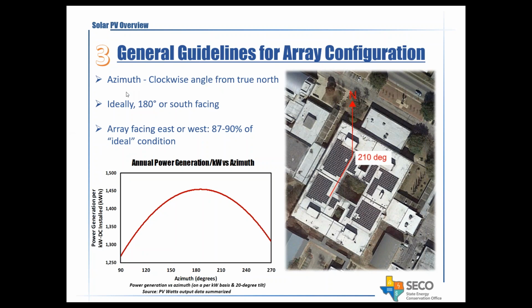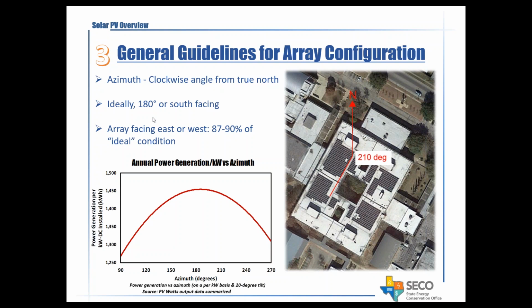So these are some general guidelines for part of step 3 of the site visit, where you'll want to measure the azimuth angle, and this will help you get a more accurate simulation or calculation of the potential energy that you can produce from your solar system. The azimuth angle is the angle or the orientation of your building or the panels in relation to true north or the sun.